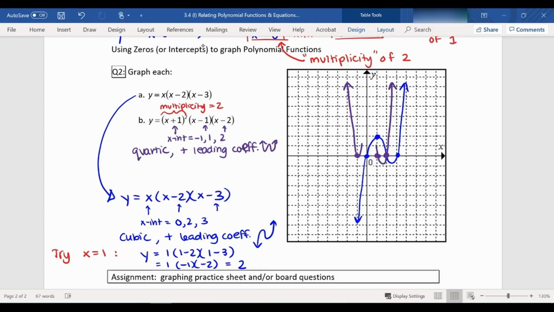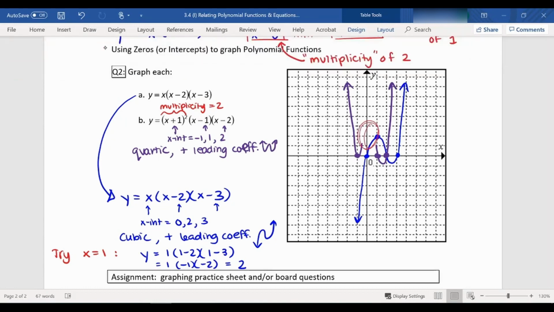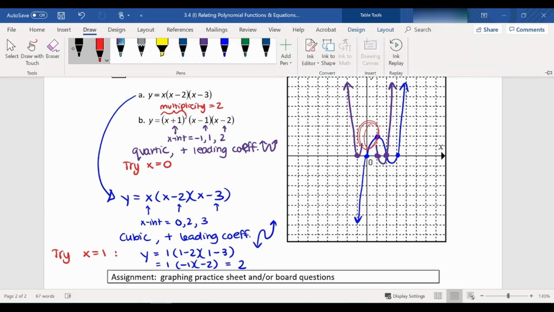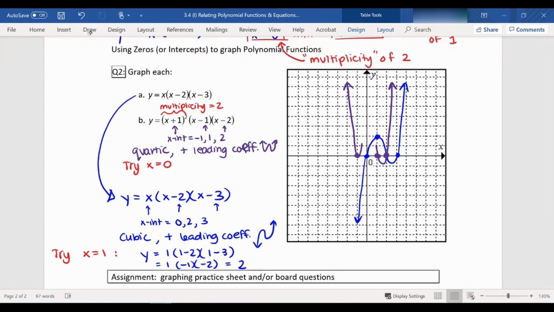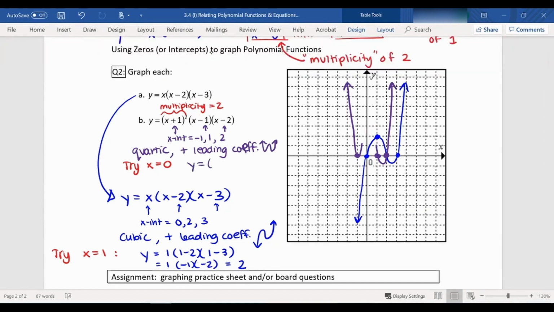So again, the only thing we need to know is in the middle here, how high up do we go? So that would be when x is 0. I want to know information about that. So we're going to try, if x is 0, what do we get? So we'd have y equals 0 plus 1 squared, 0 minus 1, 0 minus 2, which gives me 1 times -1 times -2, which gives me 2.